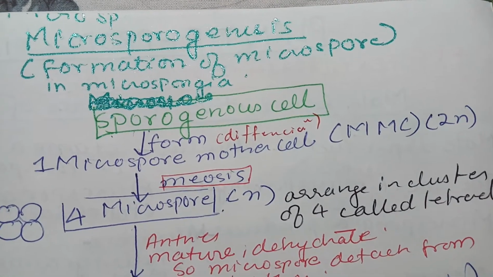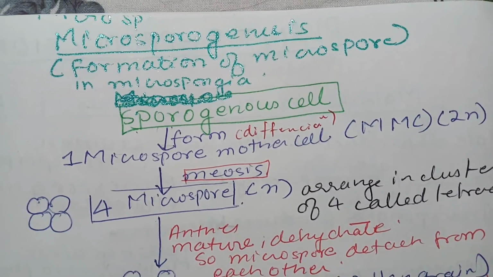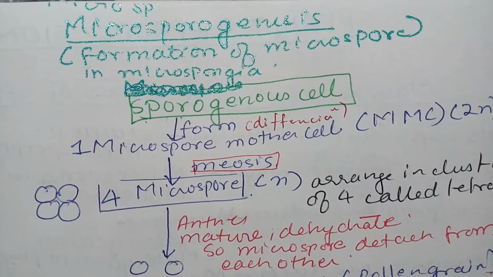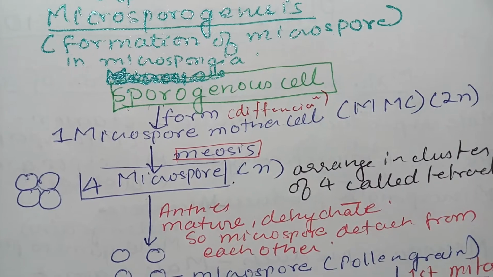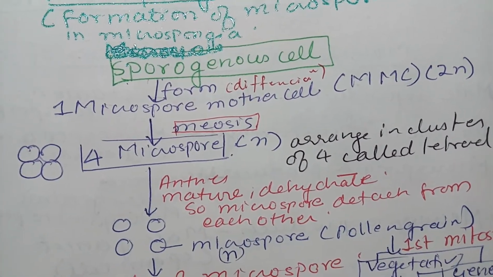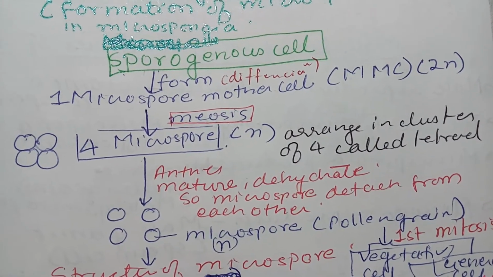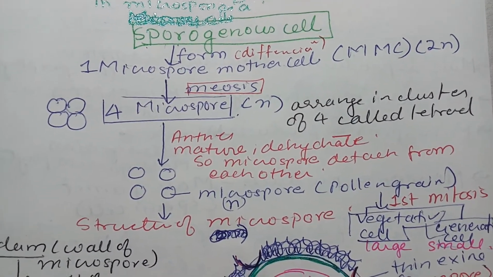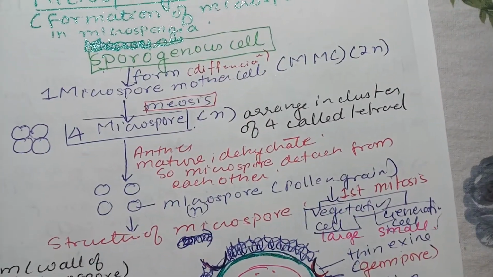From these diploid cells, meiosis occurs and results in the formation of haploid microspores, which are 4 in number. So you can say one microspore mother cell gives rise to 4 microspores. Initially these microspores are joined, and this condition is called tetrad. Later on, when the anther matures, dehydration occurs, and these 4 microspores detach from each other.